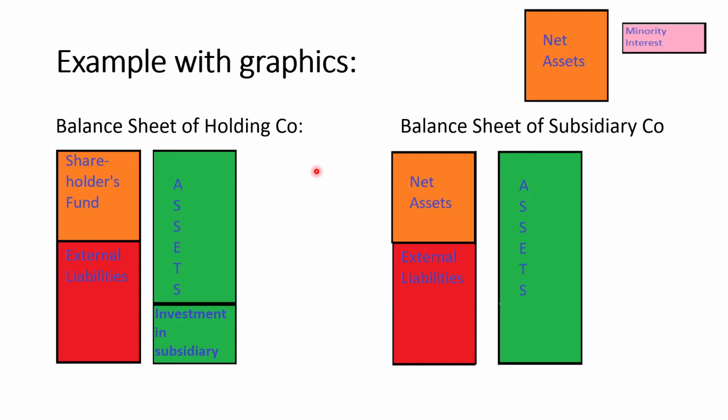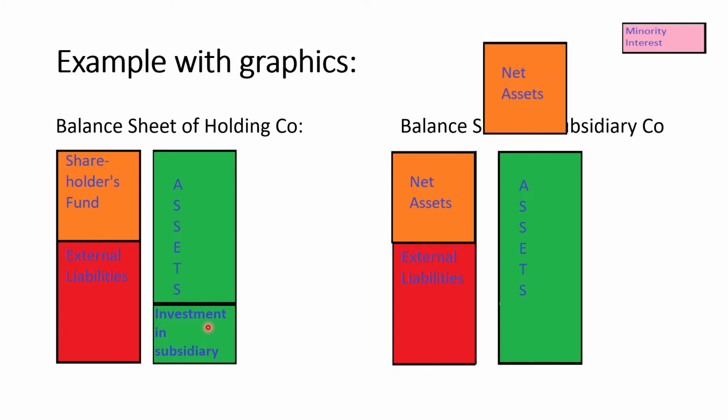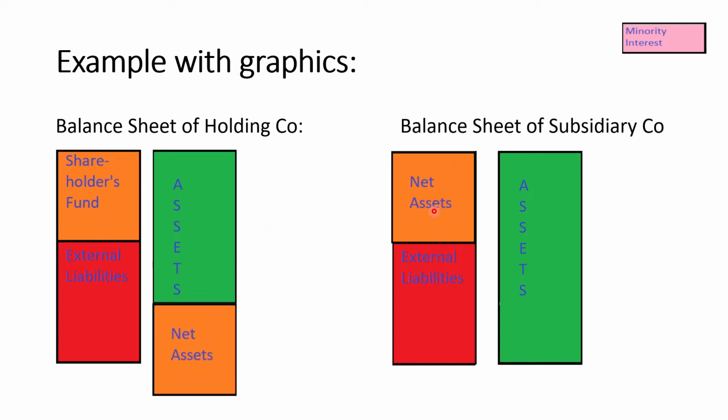But in order to consolidate, we just sum up the balance sheets of both the companies, means I am replacing this investment in subsidiary by the full net assets of the subsidiary company. So what I have done, I have included the portion of net assets which is being held by the outside parties also in the balance sheet of holding company.